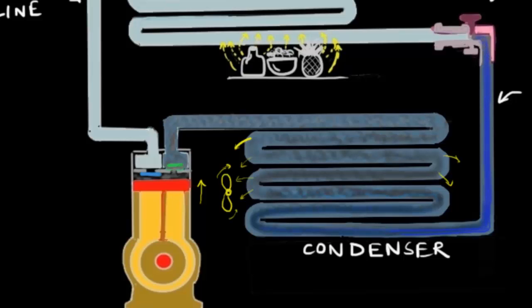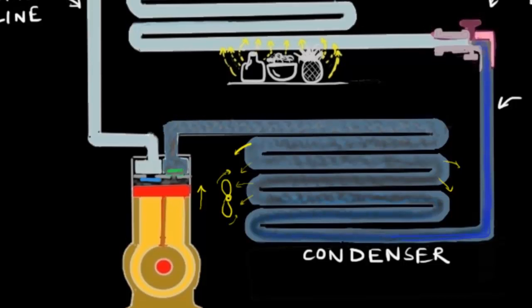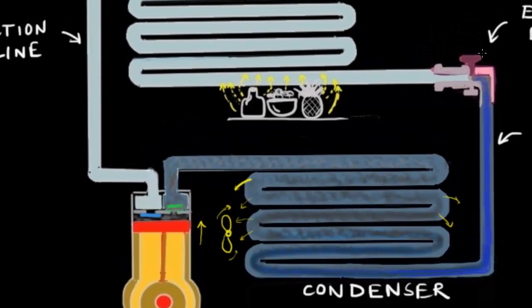And that is where the expansion device, or a metering device, which we also call the thermal expansion valve, comes into the picture. What this does is it basically controls the pressure of the liquid that is entering the evaporator, because we know that the pressure here has to be low enough for the liquid to boil.